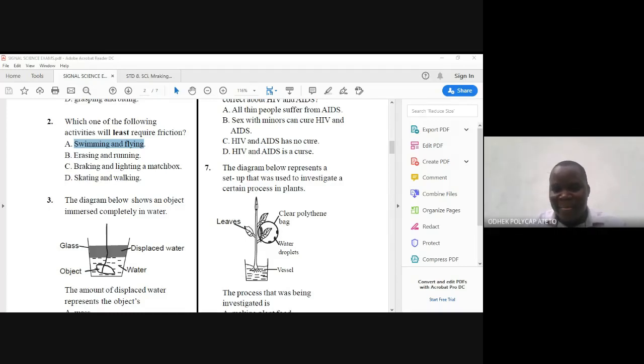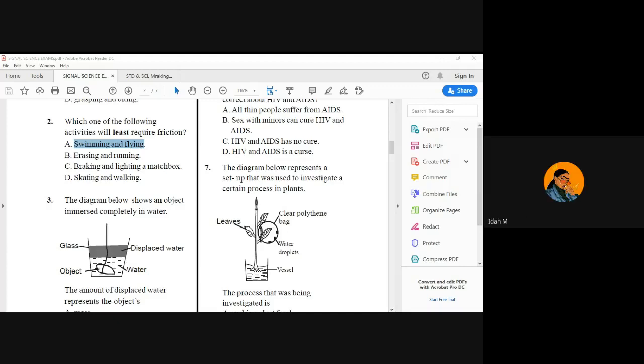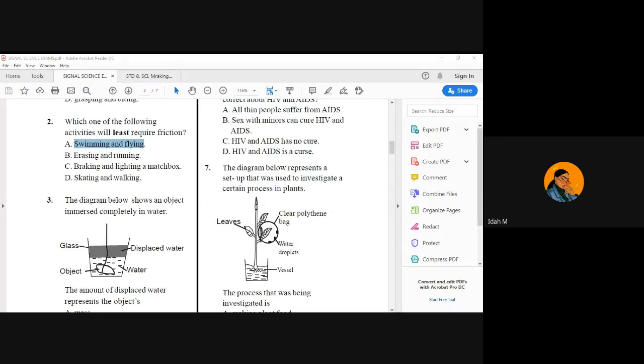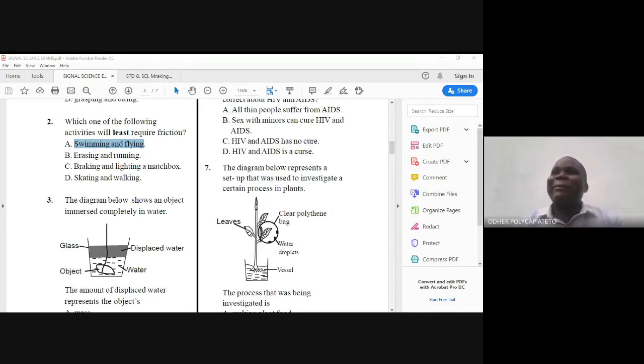Ida was talking. Increasing the surface area. Wait, how will you reduce friction by increasing the surface area? I don't remember, but we were told by Bernadette. Is somebody able to explain that? Christian, do you have an idea of when we increase the surface area? Of what? Of surface area of something.